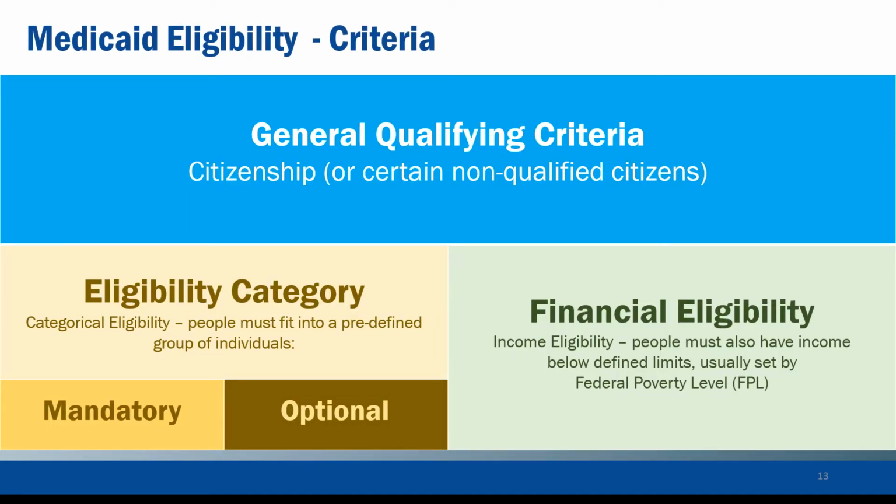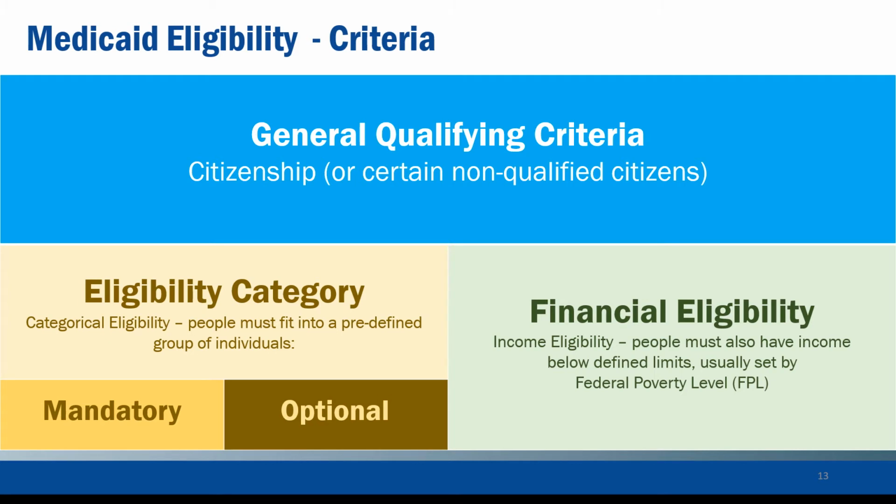So, how does someone qualify for Medicaid? There are certain criteria that have to be met before you qualify for Medicaid. First is a general qualifying criteria, which is citizenship. You must be a citizen of the United States in order to qualify for the program. There are certain non-qualified citizens that also qualify.